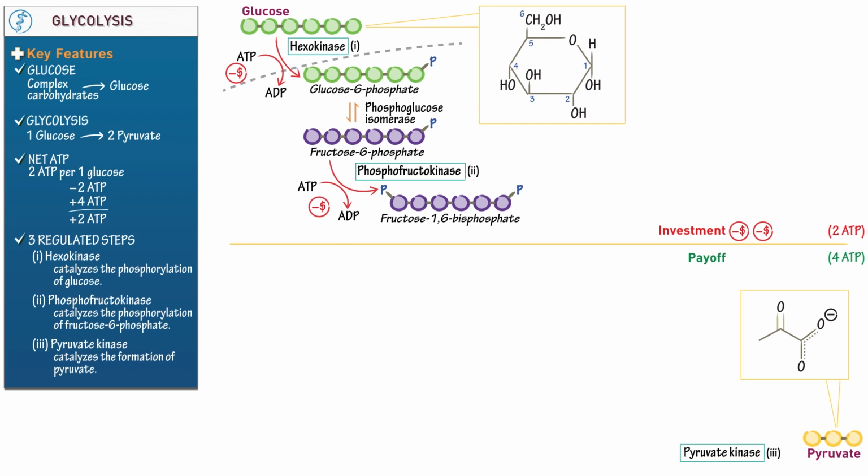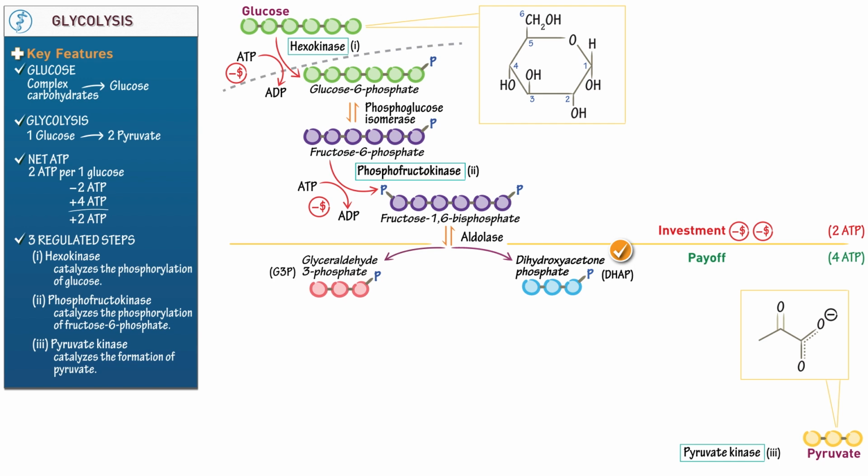The next reaction breaks the 6-carbon sugar into 2 3-carbon sugars and begins the energy payoff phase. Use a reversible arrow to show that aldolase cleaves fructose 1,6-bisphosphate into the 3-carbon sugars glyceraldehyde 3-phosphate (G3P) and dihydroxyacetone phosphate (DHAP).